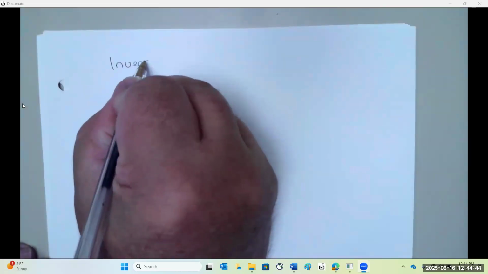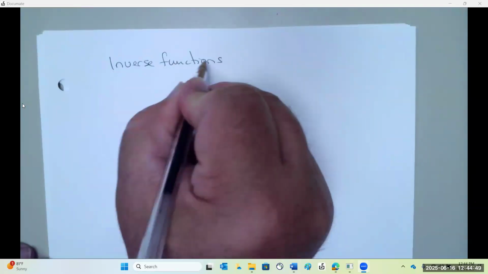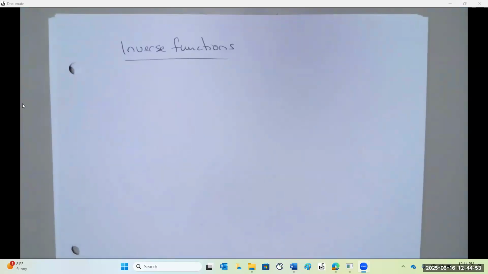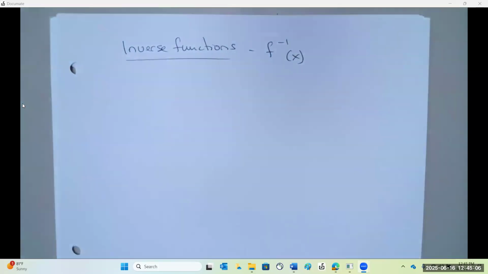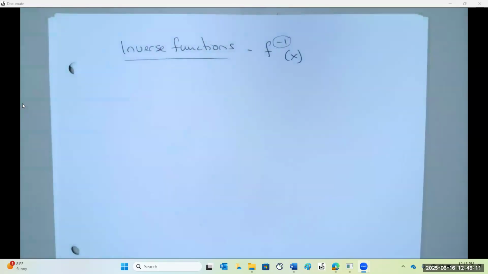What about inverse functions? We kind of just talked about those when we did the exponential and logarithmic functions, because they're inverses of each other. We know a function is an inverse by this little symbol there, the -1.